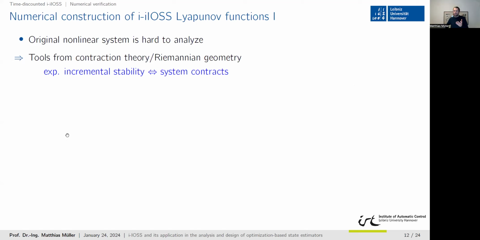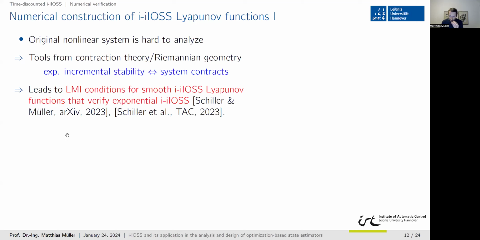In particular, if a system without inputs and outputs is exponentially incrementally stable, meaning all the trajectories converge to each other, then the system contracts. And then we can compute a contraction metric and use this for analysis of the system and so on.